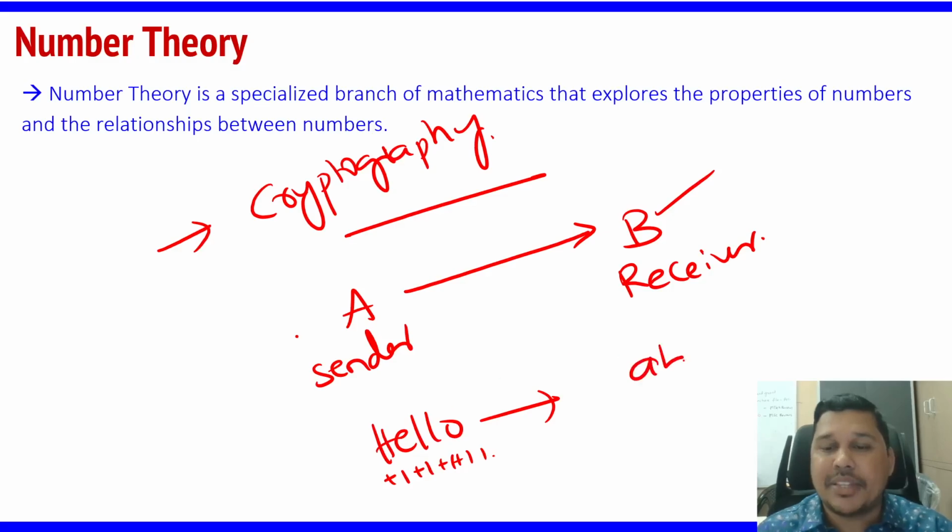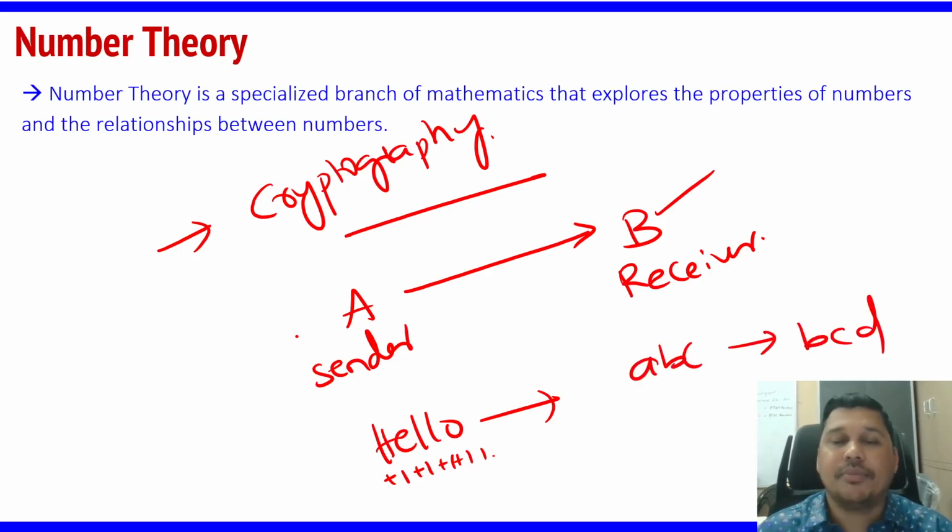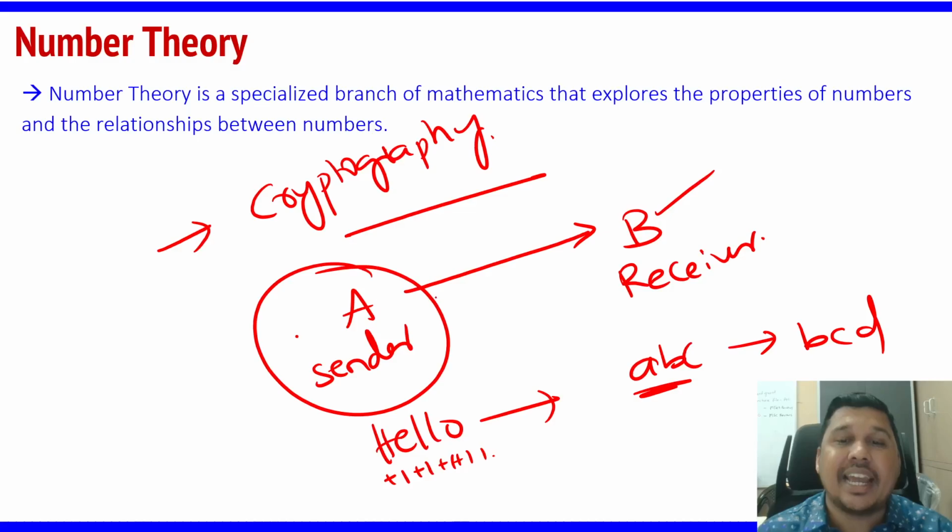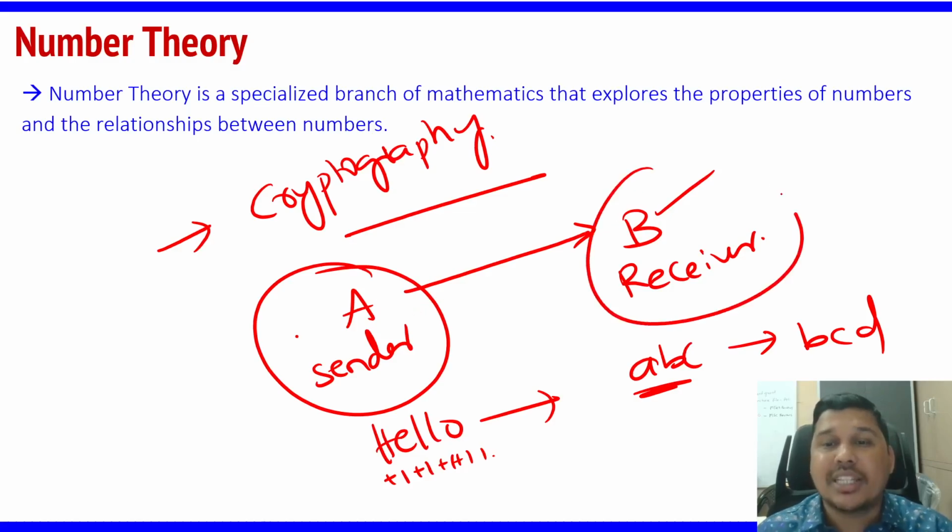If I want to send ABC, I will be sending BCD. I am not sending the actual message. I do some twisting, either adding +1 or +2 and so on, right? So whatever message is at A, you send it to B not directly but with some transformations in that message.